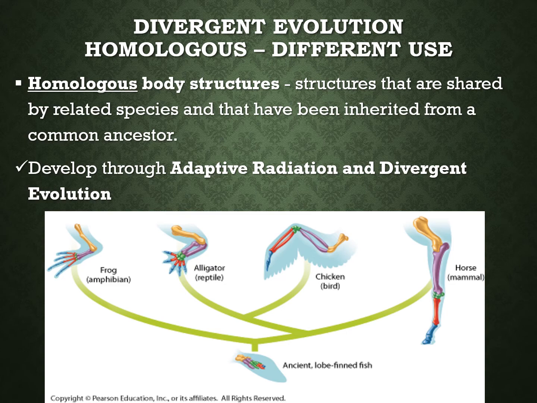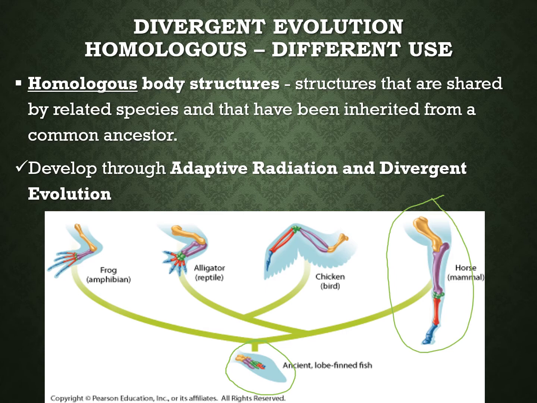So this picture we have here shows the common ancestor is the ancient lobe-finned fish that we have down at the bottom. We have the fin down at the bottom. And then this fin, through adaptive radiation, has, in a horse, over time evolved and changed to be like the horse's leg or the horse's hoof.